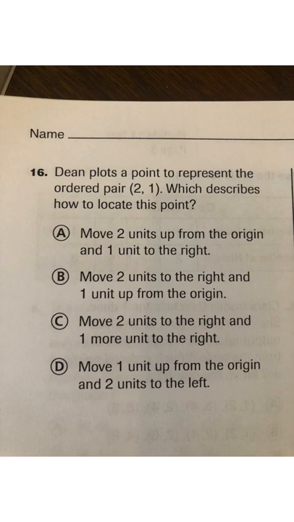Which describes how to locate this point? A. Move 2 units up from the origin and 1 unit to the right. B. Move 2 units to the right and 1 unit up from the origin. C. Move 2 units to the right and 1 more unit to the right. D. Move 1 unit up from the origin and 2 units to the left.